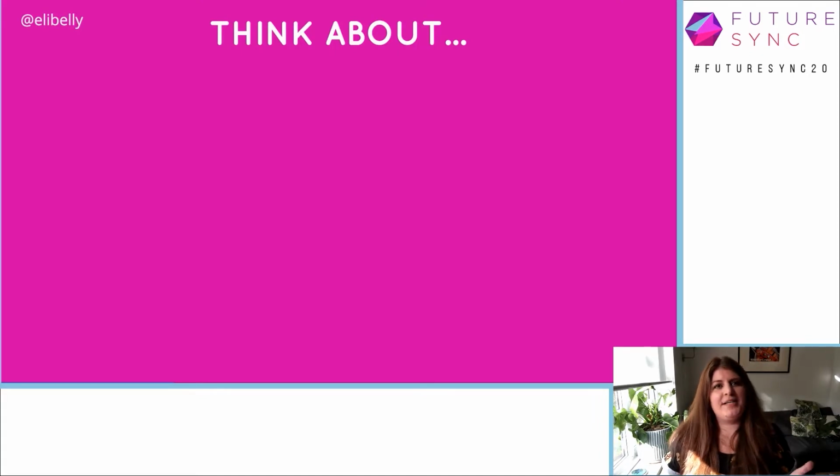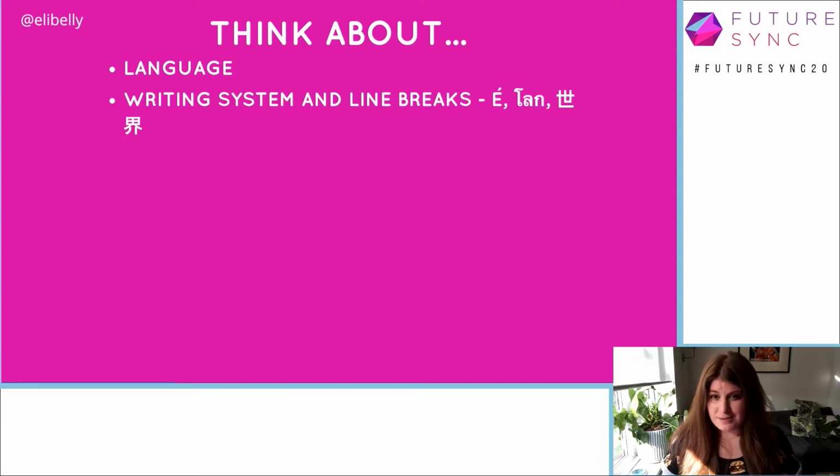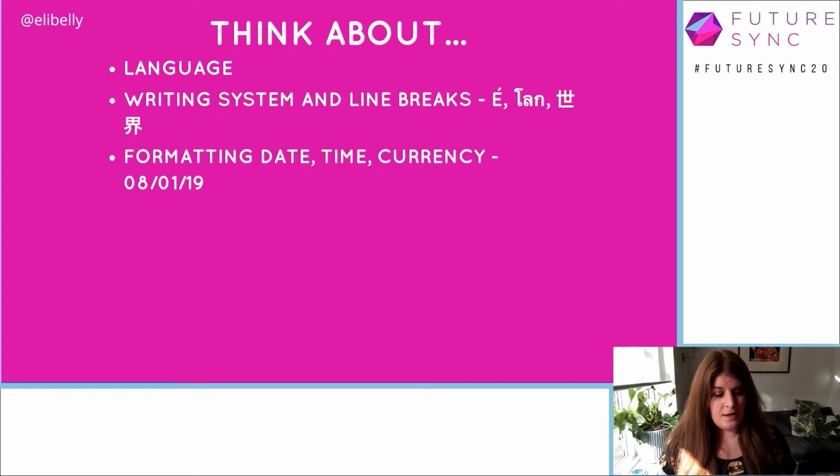Now, what kinds of things do we need to think about when we think about internationalization? The first and the most obvious one is language, but not the only one. We also have writing system and line breaks. Not everyone uses ABCs. There's a lot of languages that have diacritics or different types of scripts. Formatting date, time, and currency.